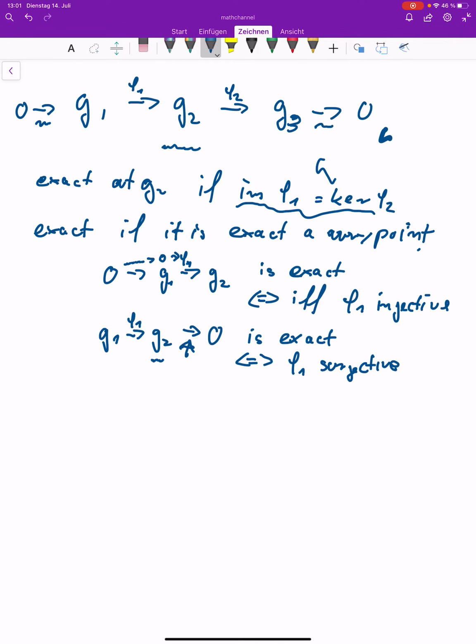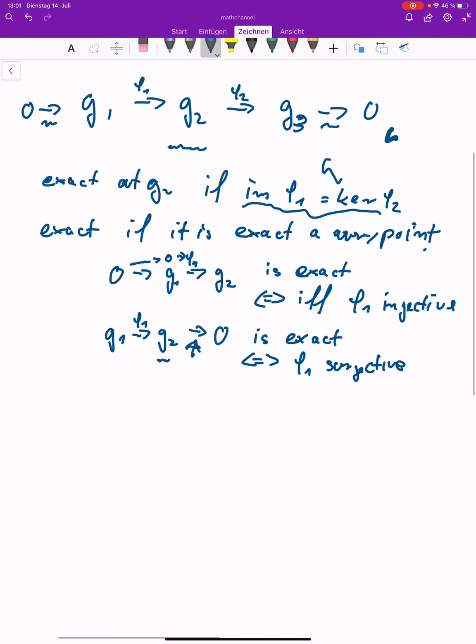So we need to have that the image of phi1 is equal to G2, for this to be exact, and this is why this sequence being exact is equivalent to phi1 being surjective.